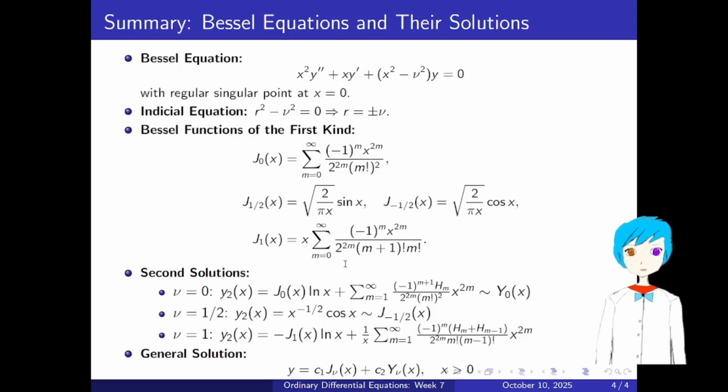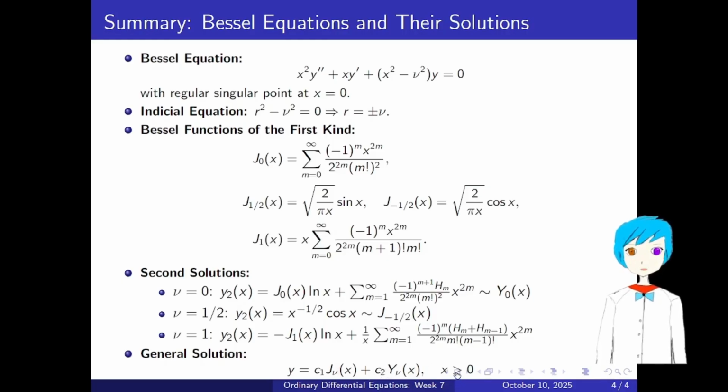But if that is not the case, then the second solution, the Bessel's function of the second kind, can be more complicated. So the general solution is the linear combination of the Bessel's function of the first kind and the Bessel's function of the second kind for x greater than 0.